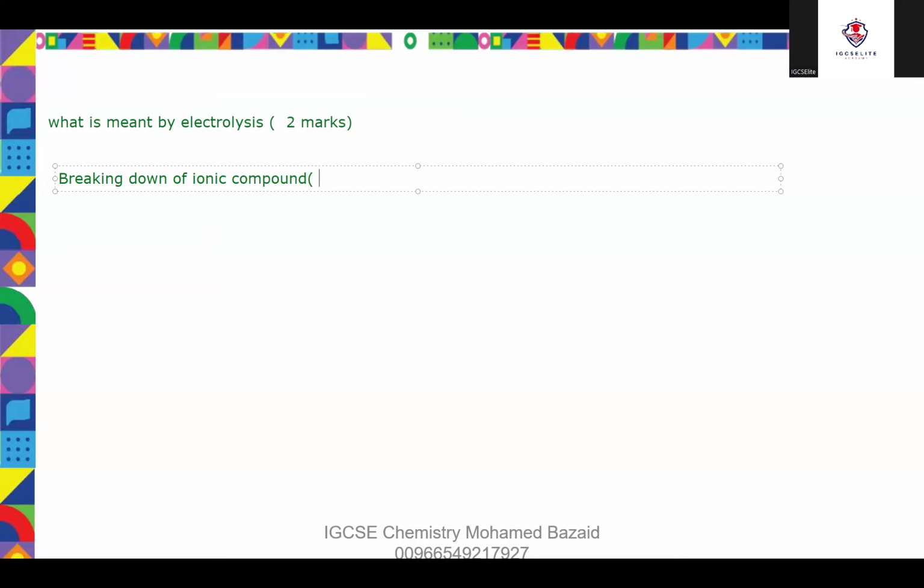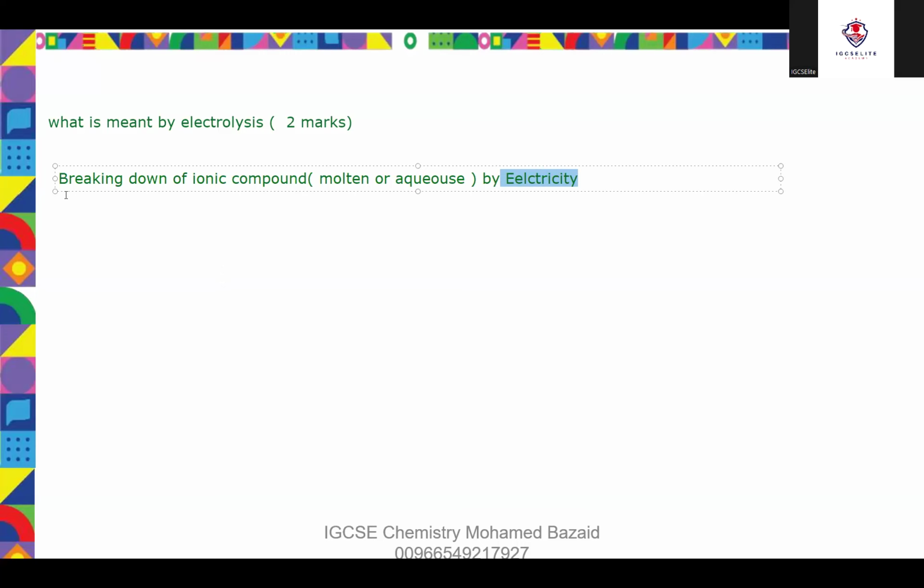Molten, as we saw together, heated until it is in a liquid state, or aqueous. Breaking down of an ionic compound, molten or aqueous, by what? By electricity. So I will use electricity to break down the ionic compound.